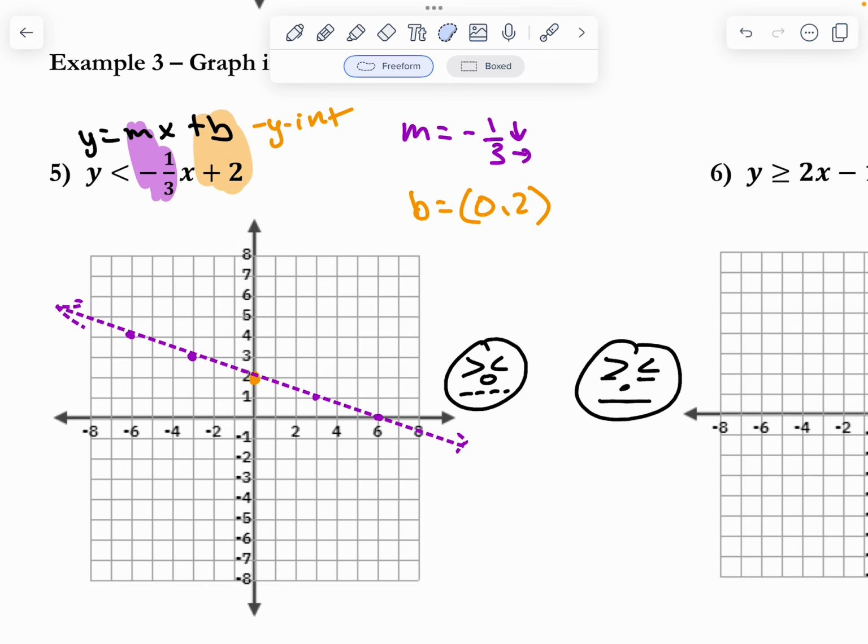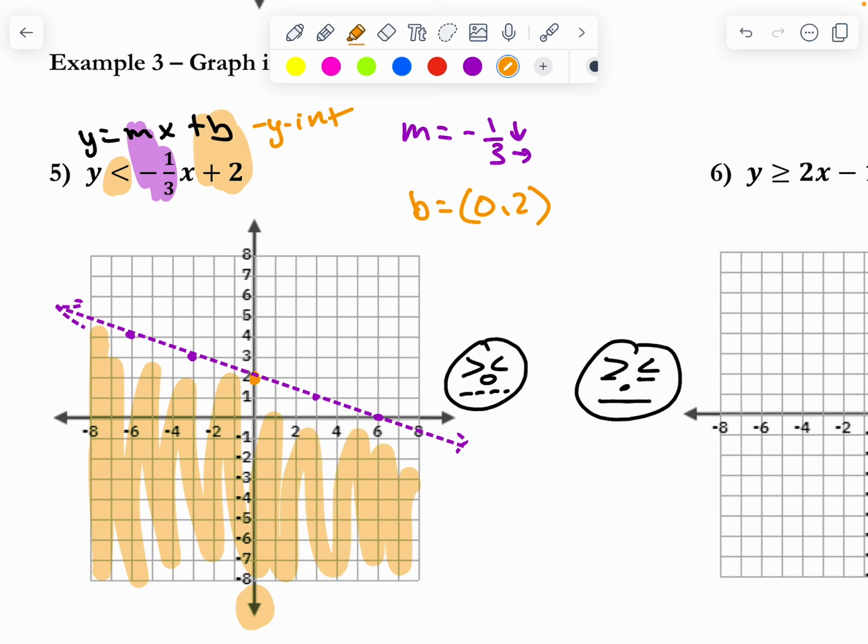Dashed line. And now which direction are we going? Well, less than means that we're going down. So we're going to go towards the down arrow. So, boom. That's it. That's all we got to do. All we're doing is adding a shading and a different line.